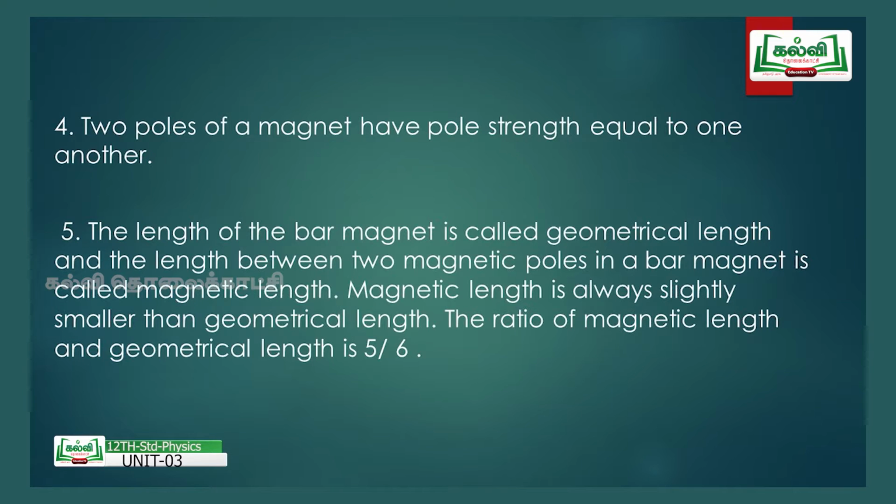So, these are the properties, and it is a 3-mark question. There are 5 points, and we can allot half a mark for each of 4 points and 1 mark for the last one, or they can ask a small 2-mark question along with the properties of magnets. This is the first 3-mark question.